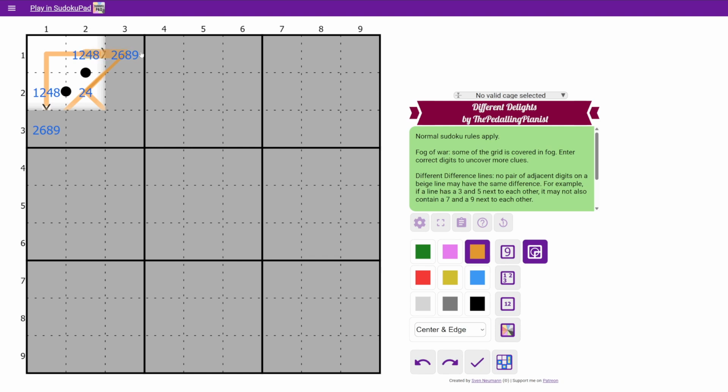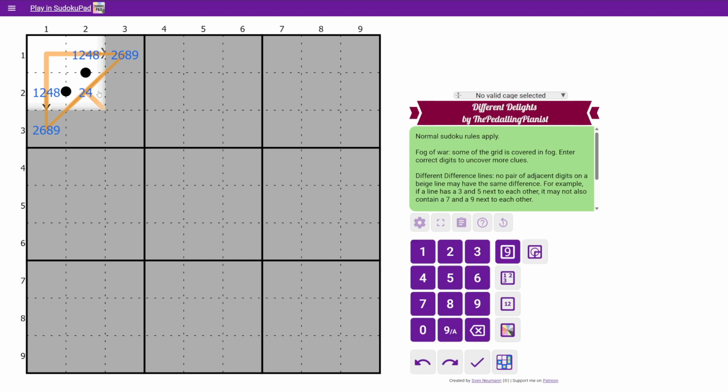I guess those have to sit like that, as in, I guess those are connected. So, if that is true, then this cannot be a 6, 4, because that would be a difference of 2. No, maybe it could. Maybe it could.